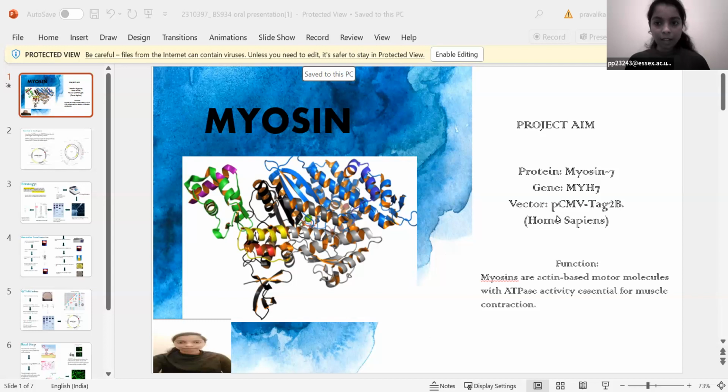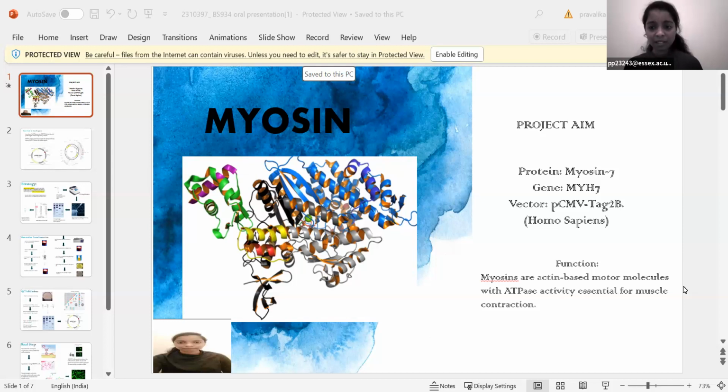I have taken my protein as myosin, and my gene as MYH7, and I have chosen a vector for mammalians. So here I have chosen pCMV-tag 2B as my vector.